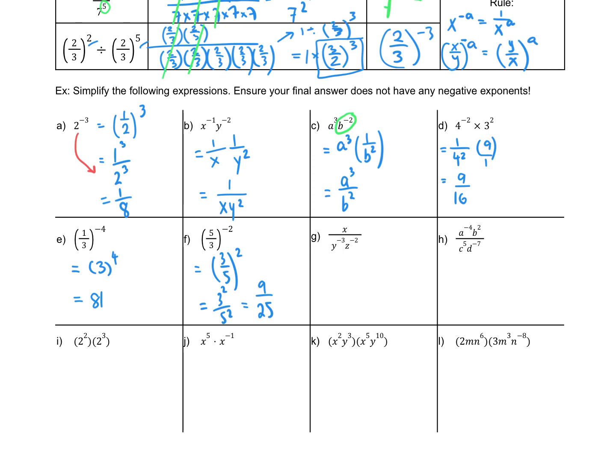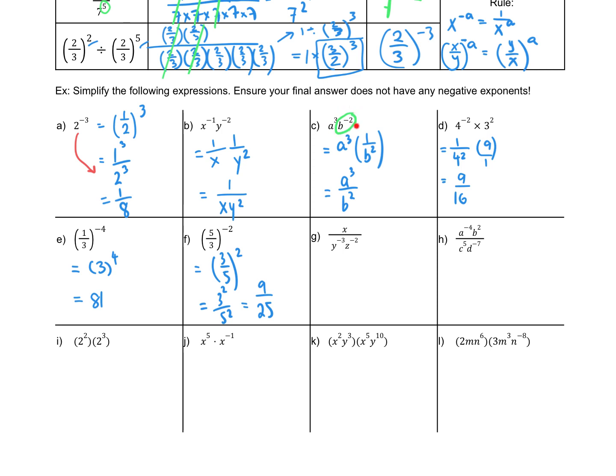Okay. For the next ones, we have a fraction, but I noticed that I have some negative exponents in the denominator. Now, I don't want to have a fraction within a fraction. So what I can do, I can imagine that this is 1 over y to the negative 3. And if I take the reciprocal of that, the y to the negative 3 will go up into the numerator, making it a positive exponent.